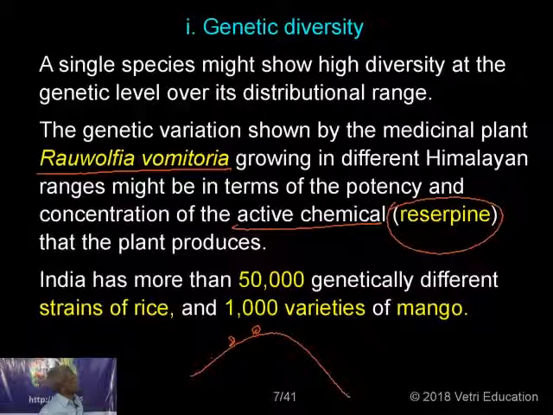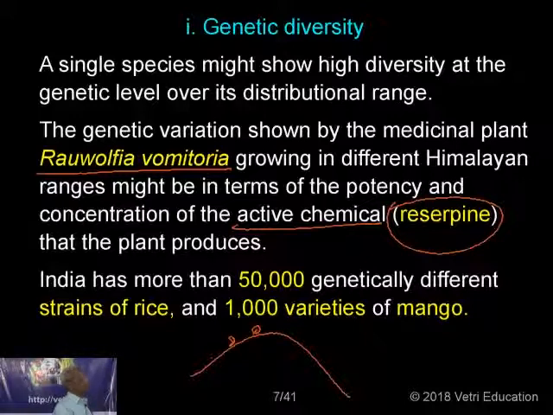So a single species might show high diversity at the genetic level over its distributional range. The genetic variation shown by the medicinal plant Rauwolfia serpentina growing in different Himalayan ranges might be in terms of the potency and the concentration of the active chemical reserpine that the plant produces. India has more than 50,000 genetically different strains of rice and 10,000 varieties of mango.